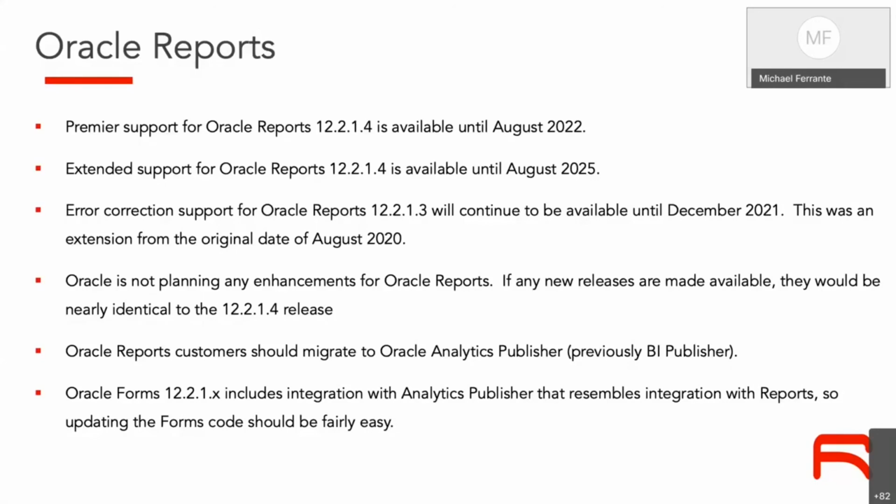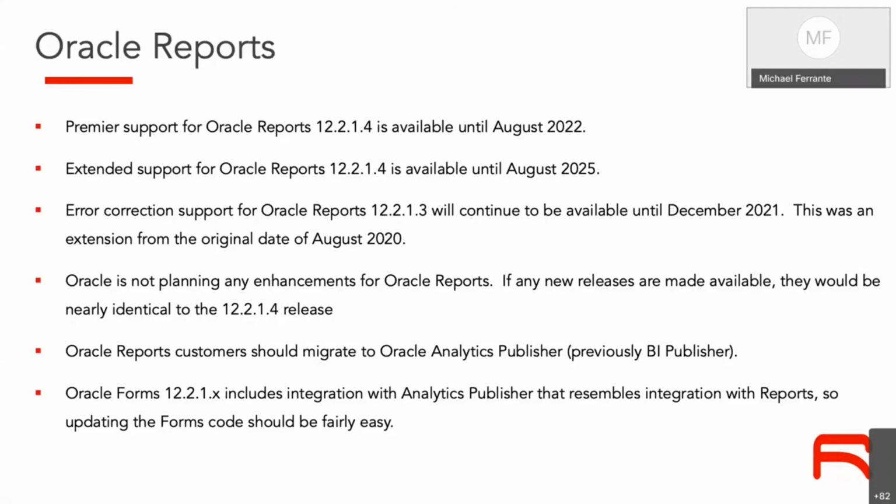Because 12.2.1 of Reports is now deprecated, that means that there's no enhancements planned for Reports, no new features. Bug fixes will be done on a case-by-case basis. It's basically frozen in time and in maintenance mode. It is unclear as to whether or not we will continue delivering it, so I would not plan on that.